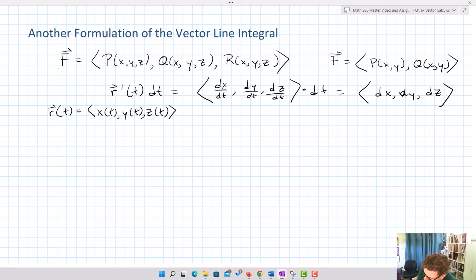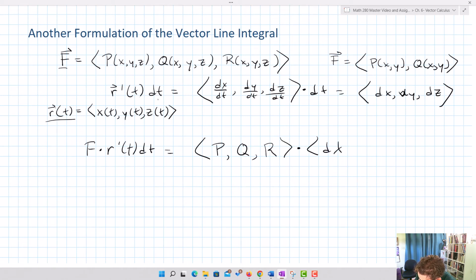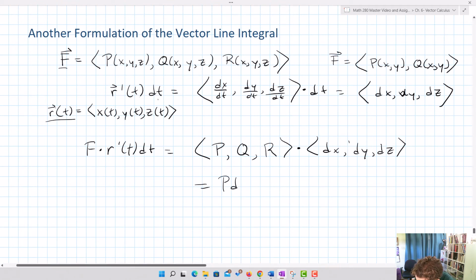Now our integral, remember, we're going to take F, dot it with r prime of t dt. So F dot r prime of t dt is going to equal P, Q, and R dotted with dx, dy, dz, and that ends up giving me P dx plus Q dy plus R dz.